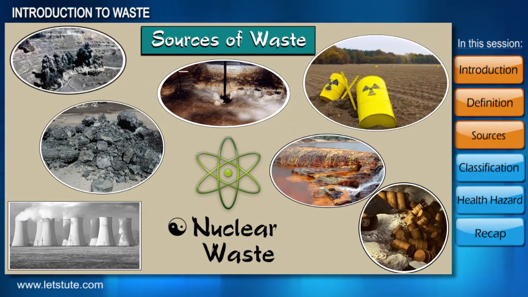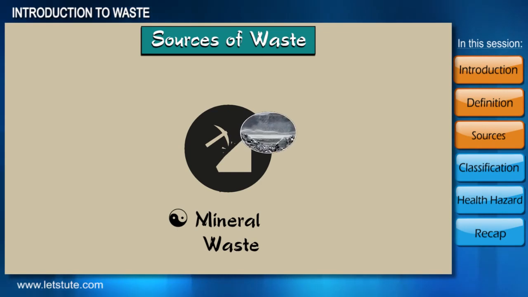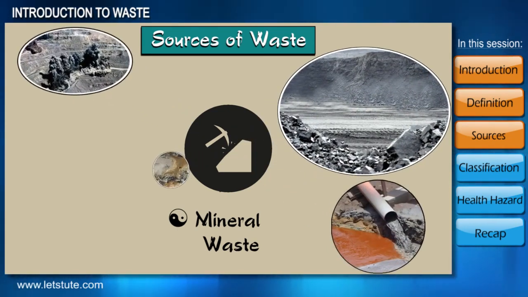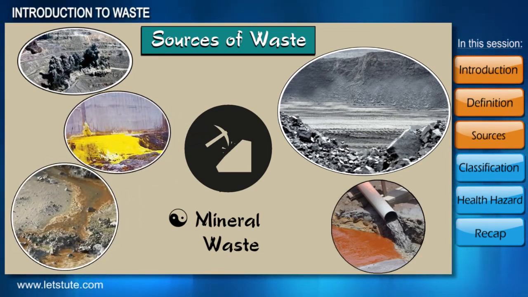Utmost care has to be taken for this type of waste. Mineral waste. It includes heavy metal residues found around mines like lead, arsenic, cadmium, etc. These metal particles pollute the surrounding air and water.